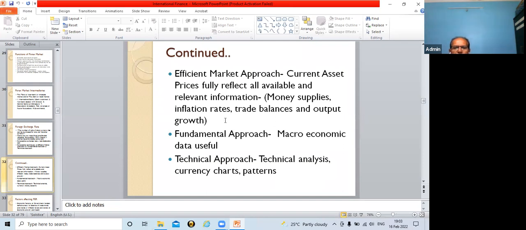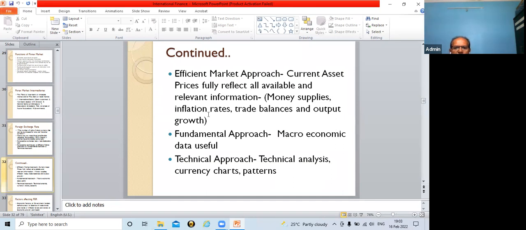Now with this, one can understand why these points are referred into this market approach, so that you can sensitize how that particular market is of that particular country.